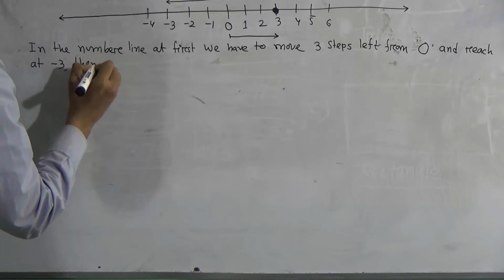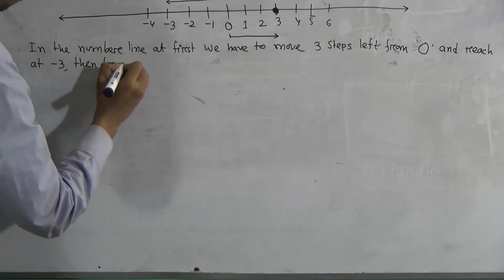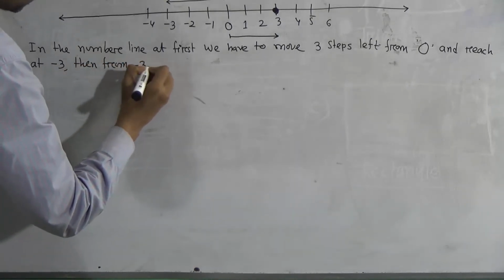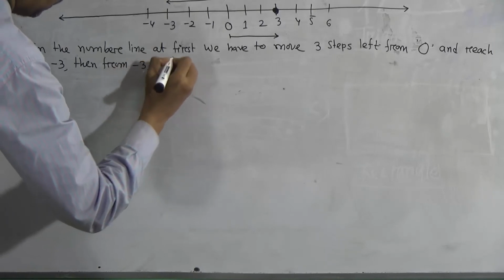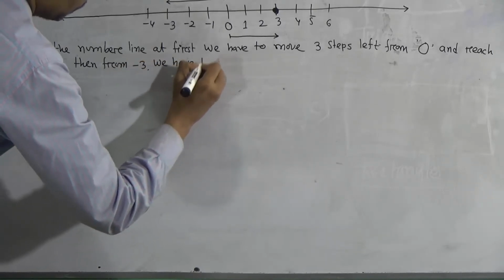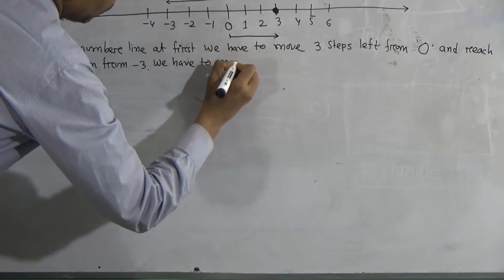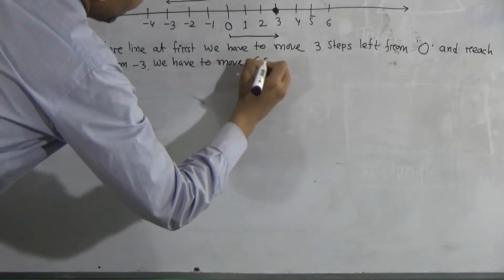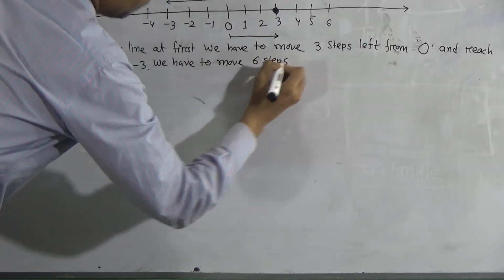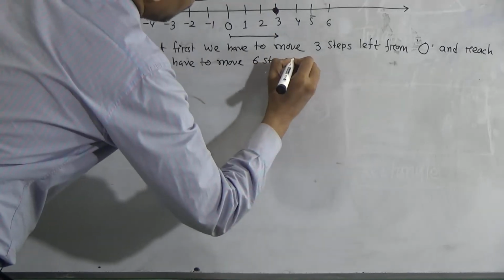Then from -3 we have to move 6 steps right.